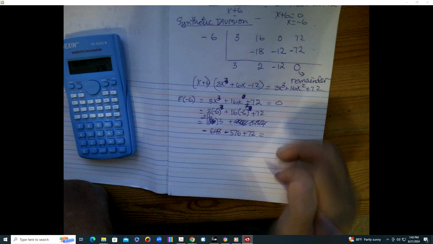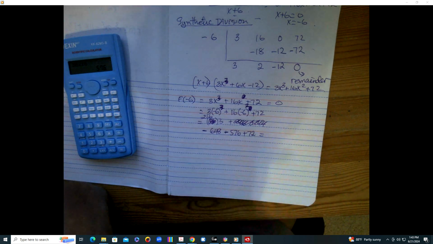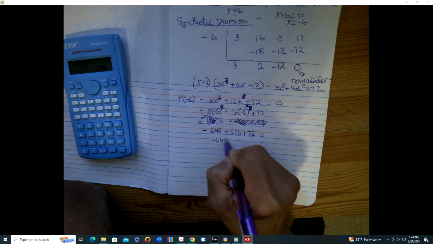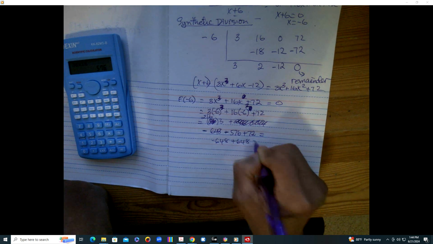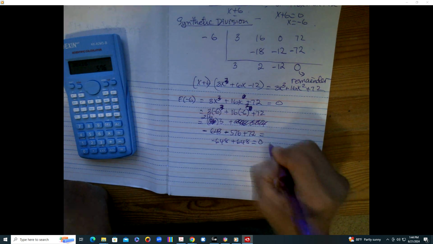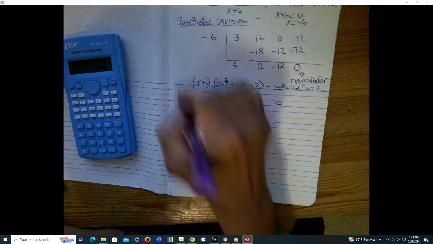All right. If we add these up, we're going to have negative 648 plus 648, and clearly that's going to be 0. So it is. So that's another method.